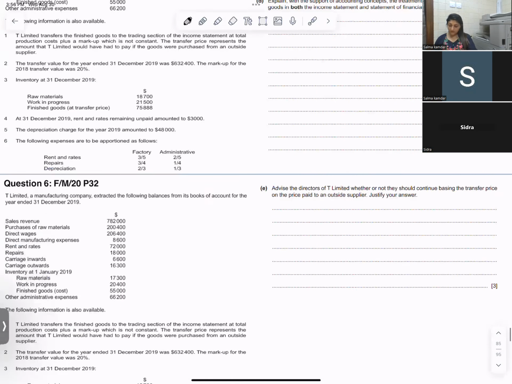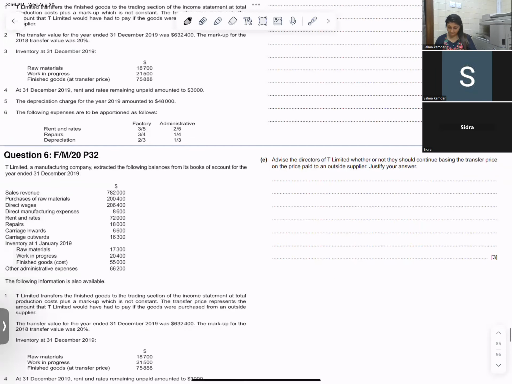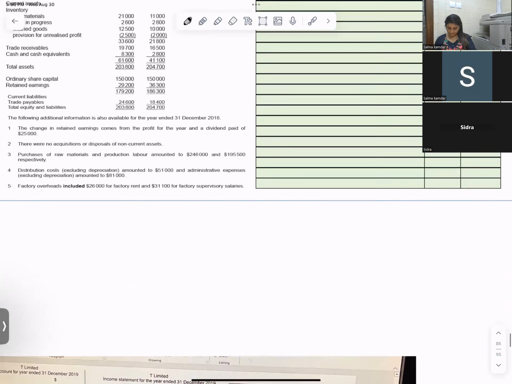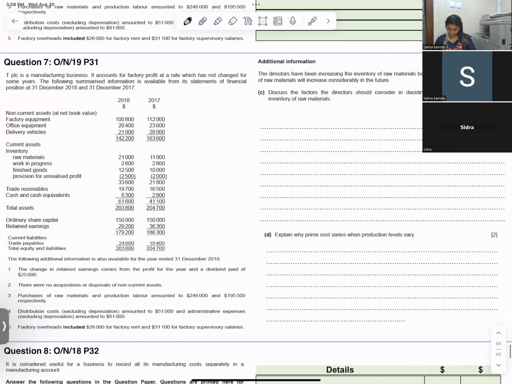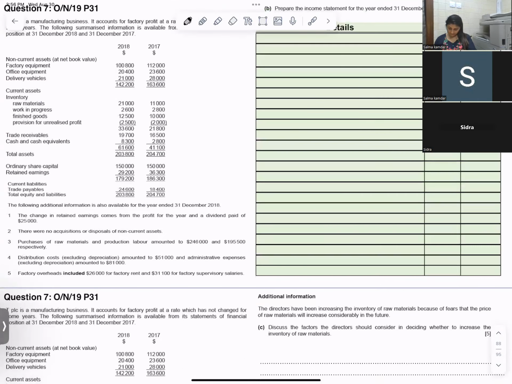Okay, what else? This question comes again and again. Which accounting concept do you follow when you treat the unrealized profit on finished goods in both the income statement and the statement of financial position? Yeah, so the prudence concept, as profits and assets are not overstated, because you subtract the unrealized profit from the closing inventory.